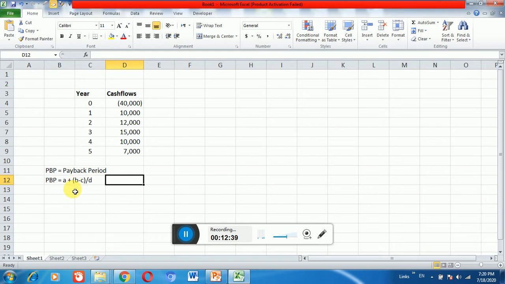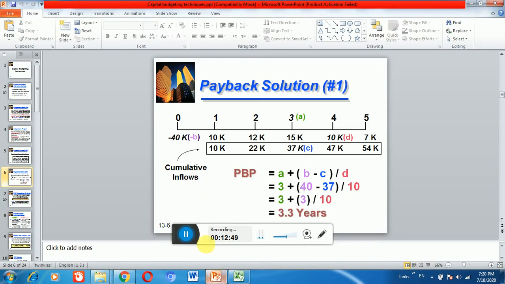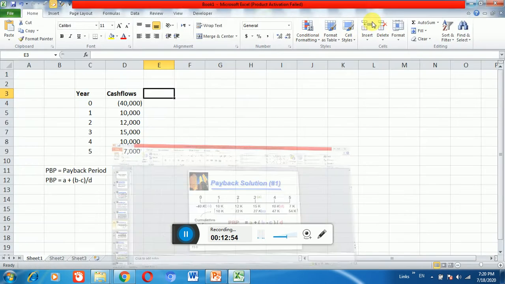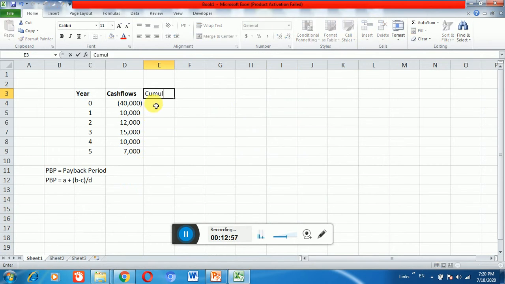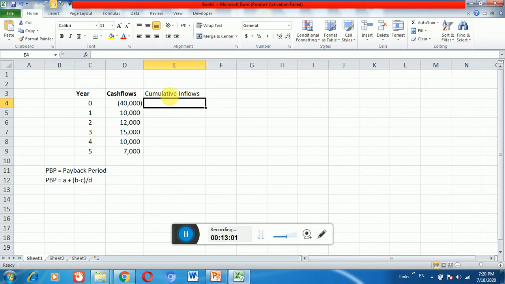Now how do we compute the payback period using this formula? Very easy. We need to compute the cumulative cash inflows. In the first year we receive 10,000.